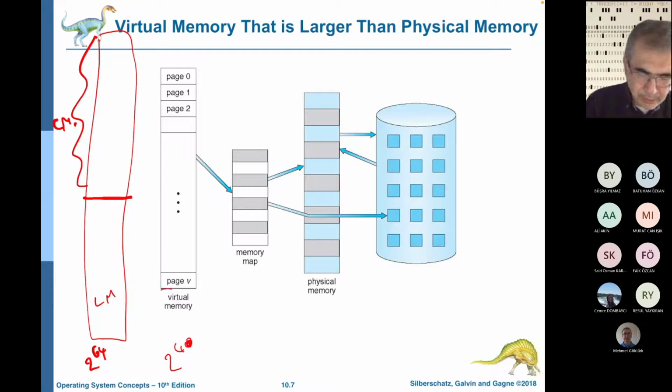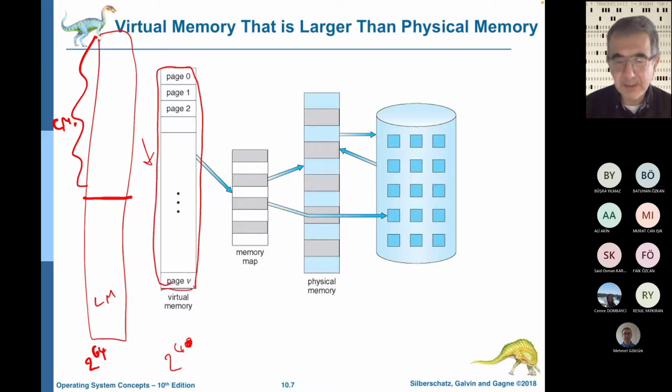And your virtual memory is a little bit smaller than that, so that it will be manageable in size as a file. That virtual memory is bigger than physical memory.